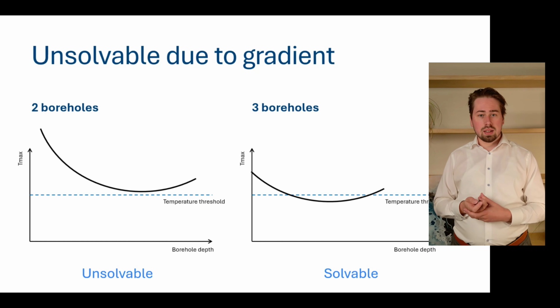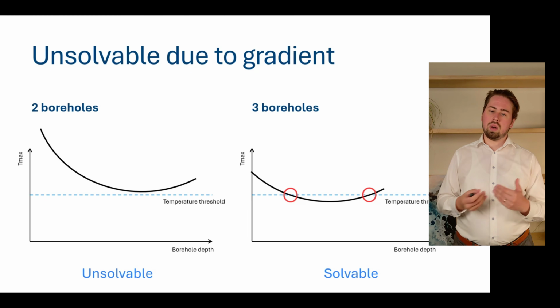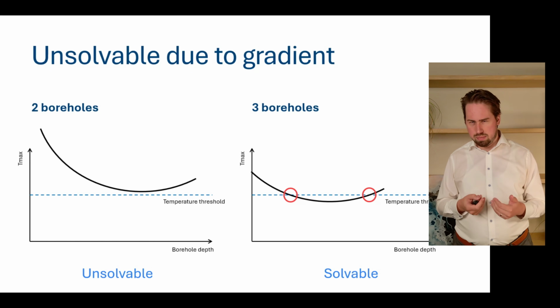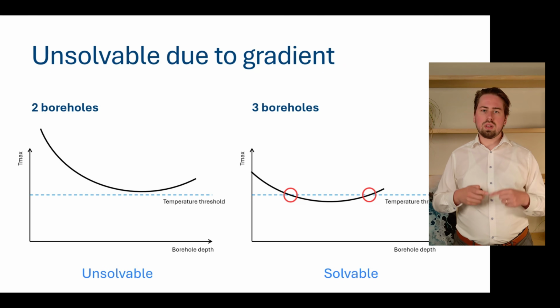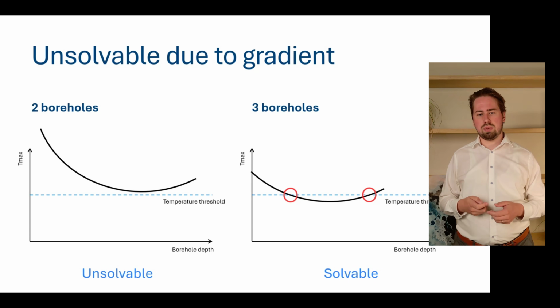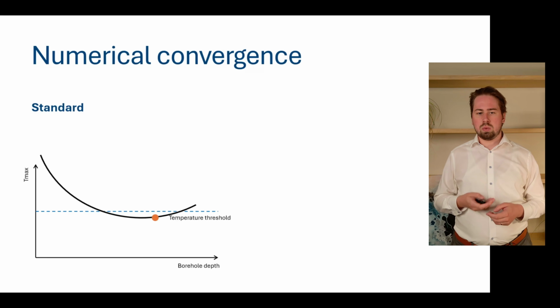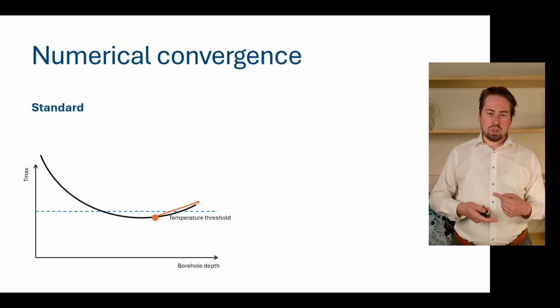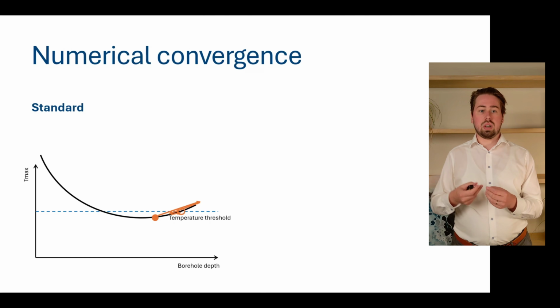And in fact, there are often 2 solutions, one with a shallower depth and one with a deeper depth. Without going too much into detail, this algorithm is iterative, and we discussed it at the beginning of this video. So traditionally, we start with a guess, we calculate the temperature, we make a new guess, and we do this until we converge to one of the 2.